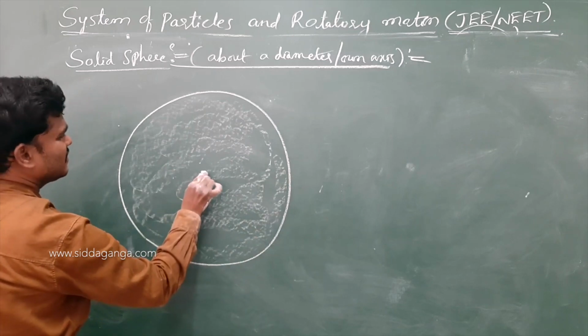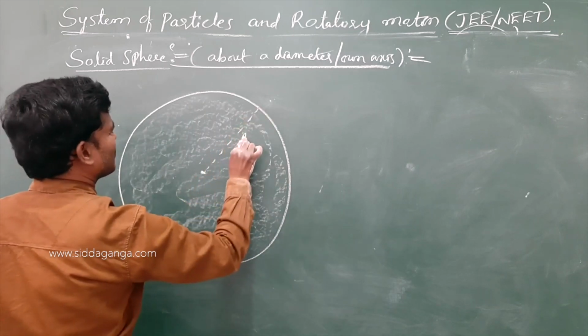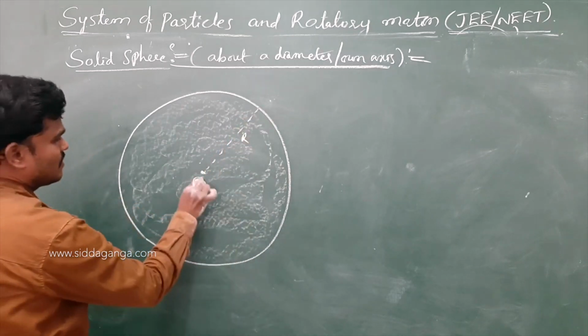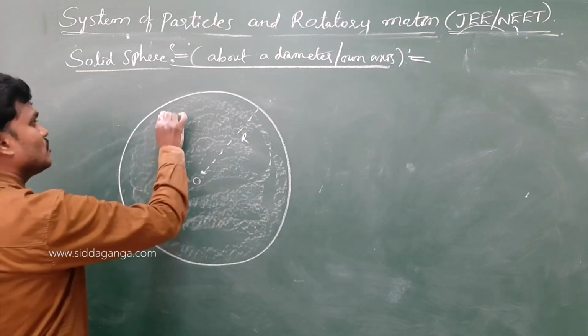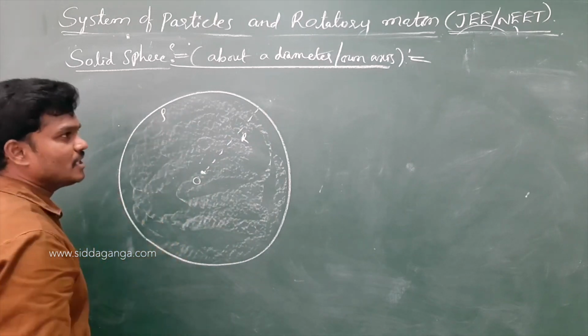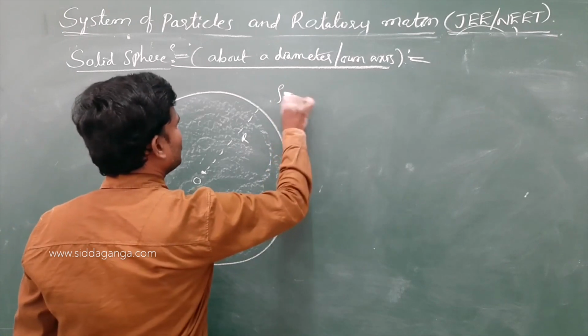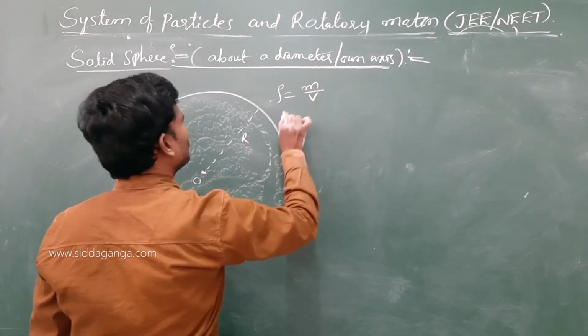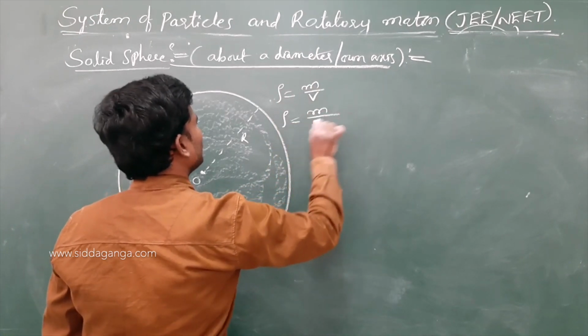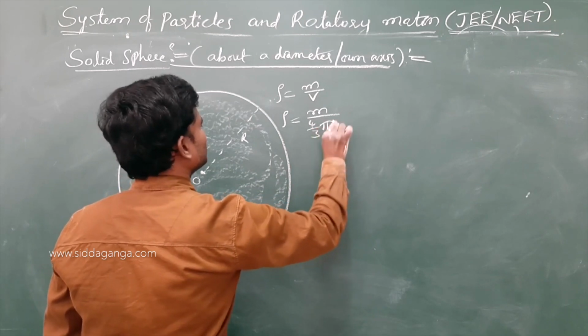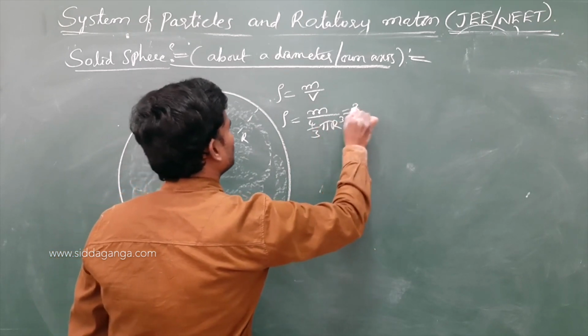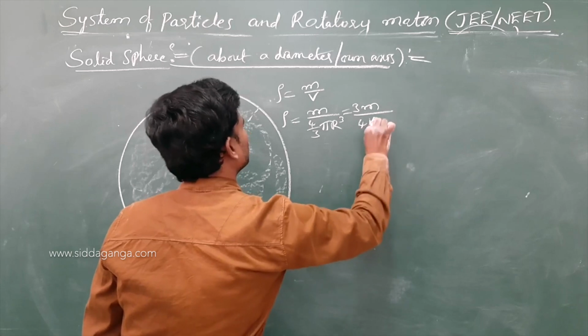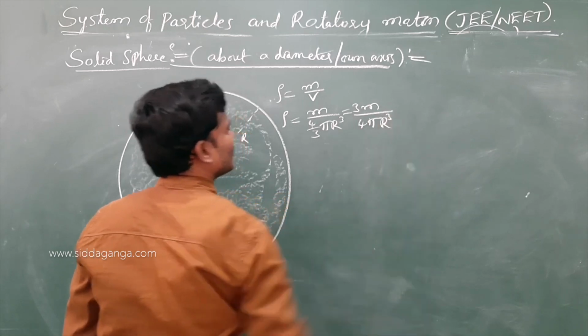Whose radius, let us take capital R, and rho is the volume mass density. So rho is equal to mass by volume. Volume of the sphere is 4 by 3 pi r cube, so rho is 3m by 4 pi r cube.